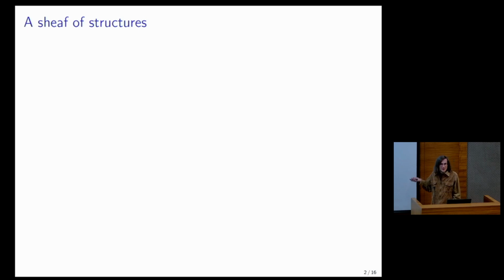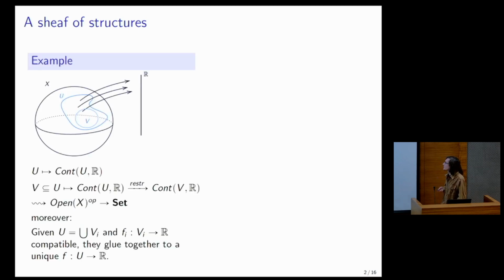So I want to start with what is a continuous family of models. And for that, to make precise that you have a family of models which changes continuously over some space, I have to say what is a sheaf, let's say a sheaf of structures.